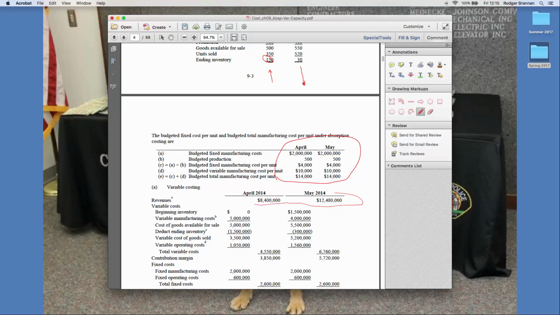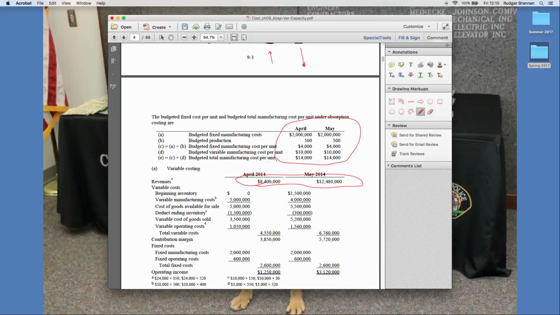Now, sales are always going to be sales. It doesn't matter the method I'm using. All right, now, under variable costing. Variable costing, by its strict definition, means the only costs that I'm going to capitalize to inventory are my variable manufacturing costs.